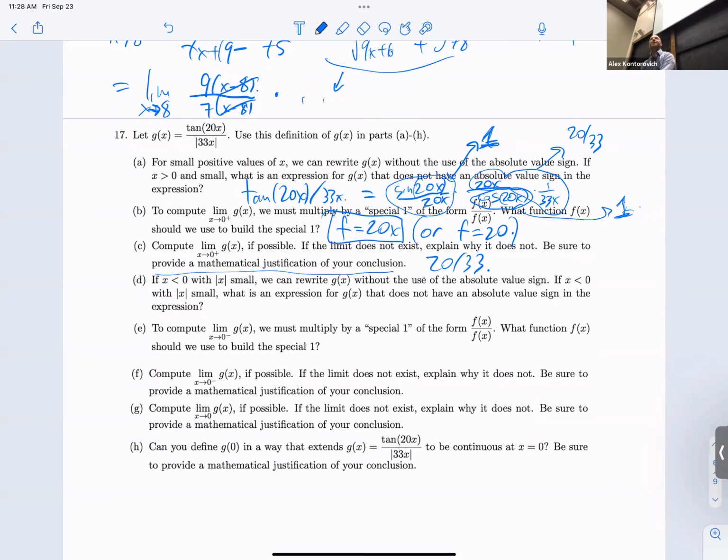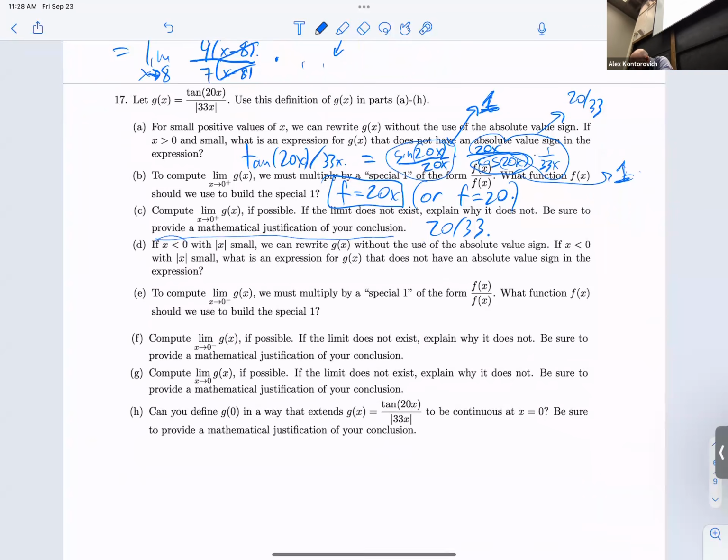If x is negative with absolute value of x small, can we rewrite g without using the absolute value sign? Yes, of course. If it's negative, then the absolute value of 33x is negative 33x. So what is the expression? It's tan of 20x divided by negative 33x.